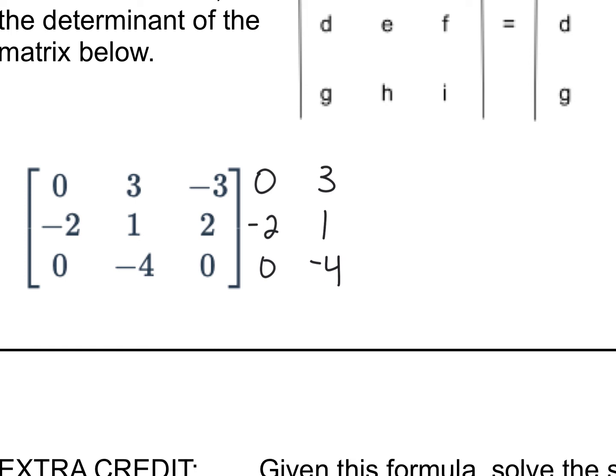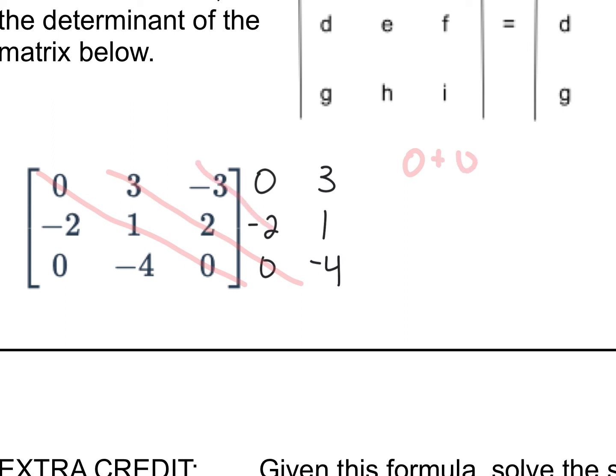Since these are determinants, we start in the top left corner, correct? And we start by multiplying down. So 0 times 1 times 0, 0. 3 times 2 times 0, 0.